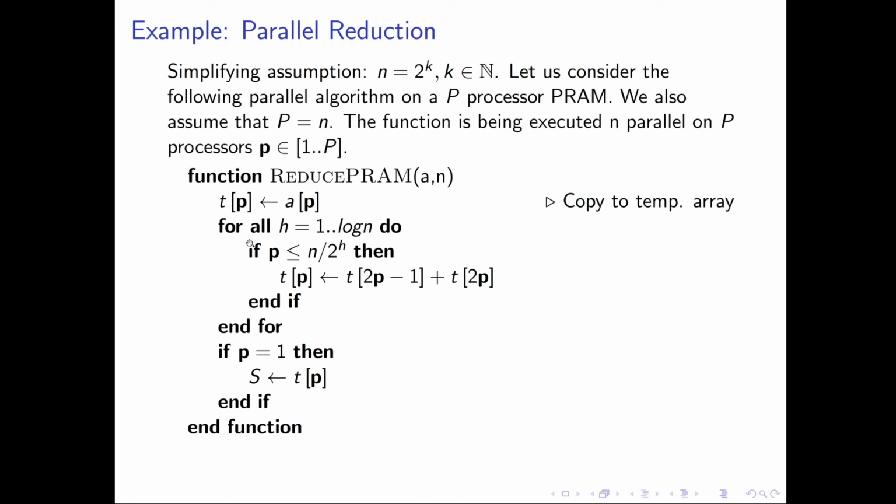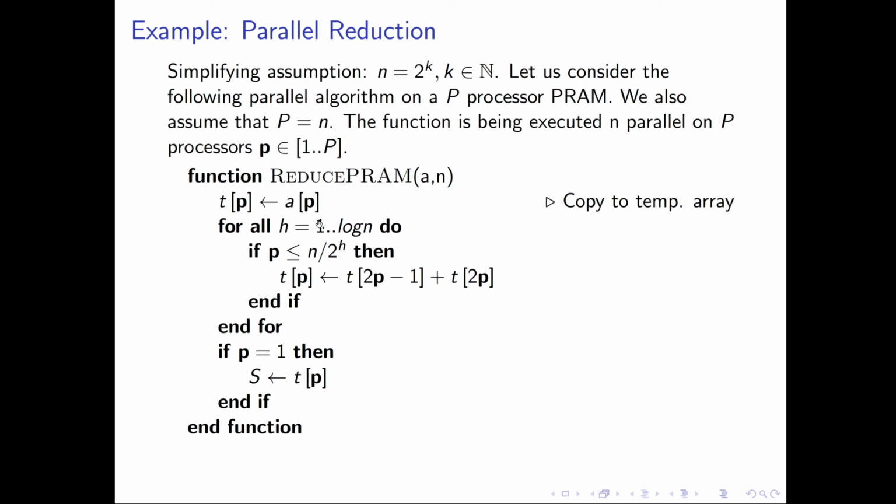Whenever I perform one of those operations, I halve the number of processors that participate in the computations. I do this by having an if condition that tells me whether the processor currently participates in the computation or not. There's no else branch, so the processors that don't participate basically do nothing.